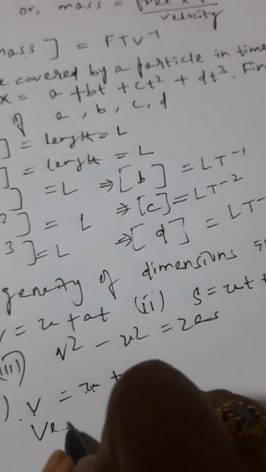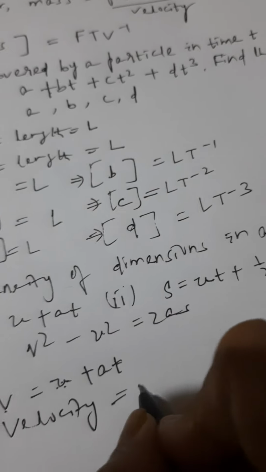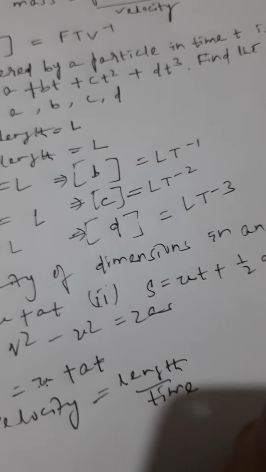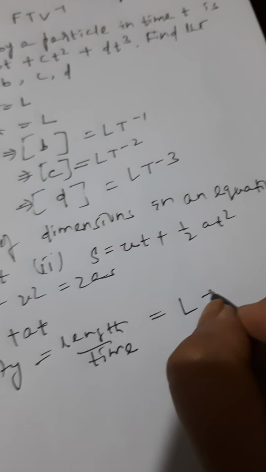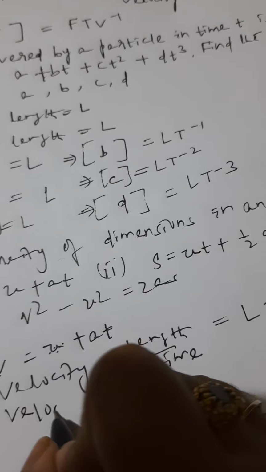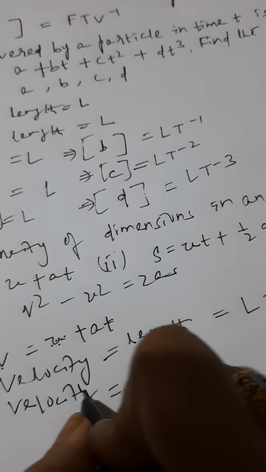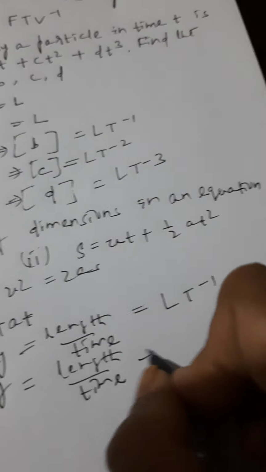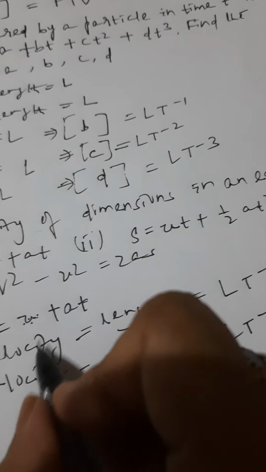So velocity is equal to length by time, which is L T inverse. Here also is another velocity, length by time, L T inverse.